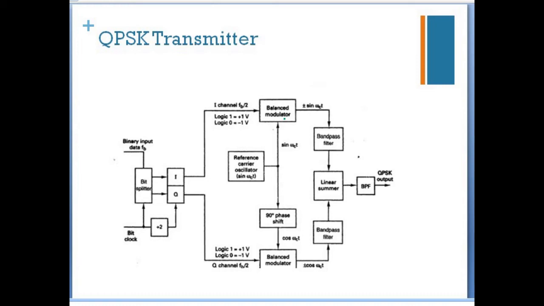Then the output from the top balanced modulator will be plus sin omega ct or minus sin omega ct based on the logical value. Similarly, the output from the bottom balanced modulator will be cos omega ct or minus cos omega ct based on the logical values. Finally, the two signals are combined by a linear summer to get the QPSK signal.